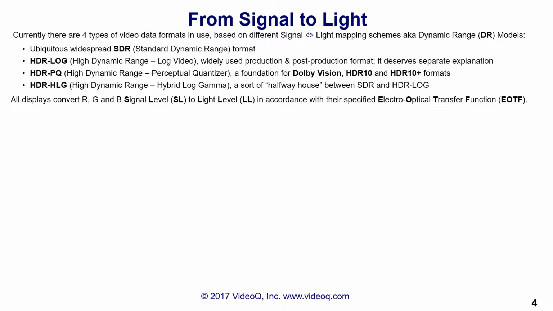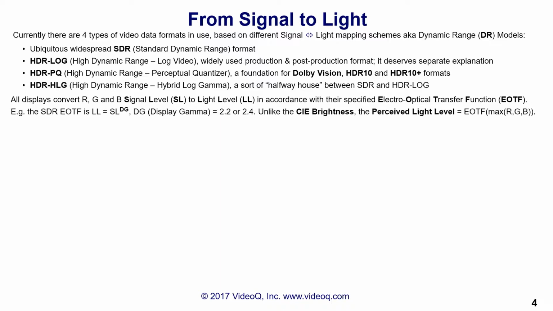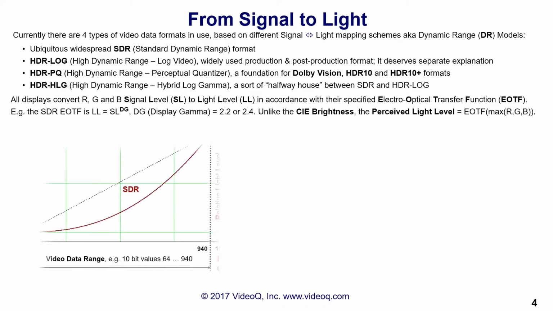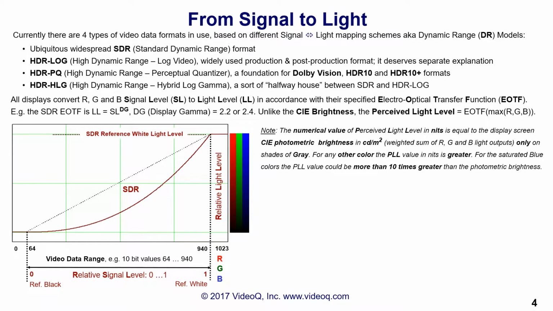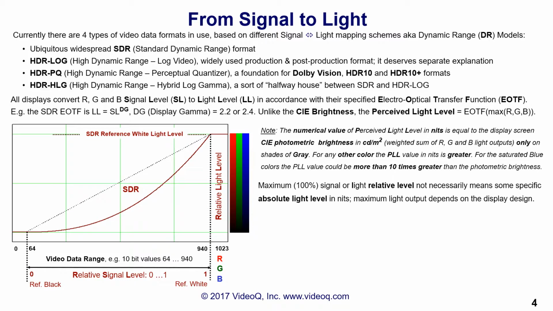There's the perceptual quantizer model, called PQ, which is the foundation for 3 major HDR formats: Dolby Vision, HDR10, and HDR10+. And there's the hybrid log gamma model, which is a sort of halfway house between SDR and HDR log. All displays convert signal levels to light levels in accordance with their specified electro-optical transfer function, or EOTF for short.